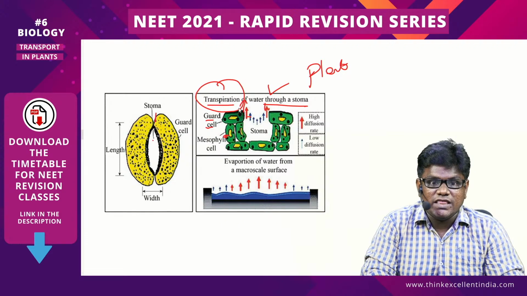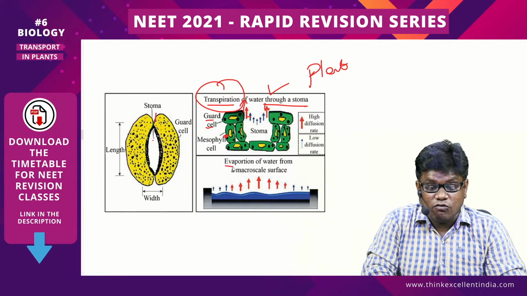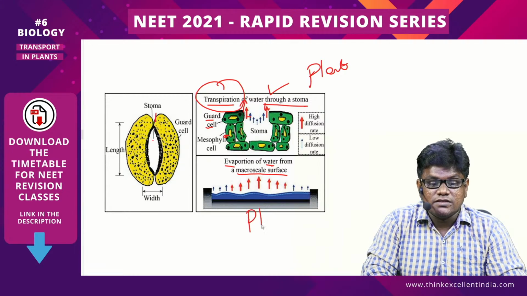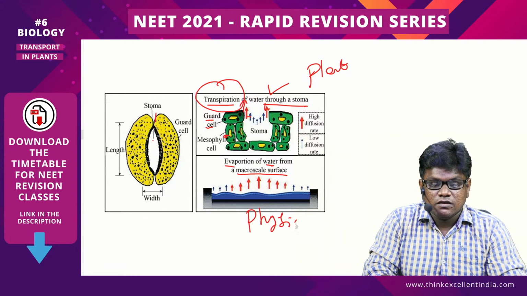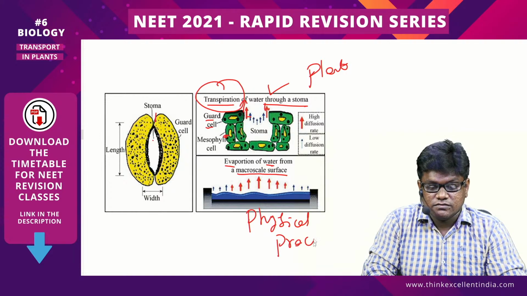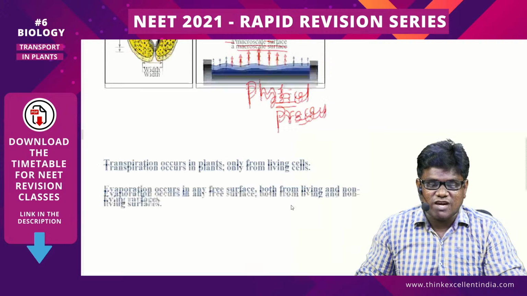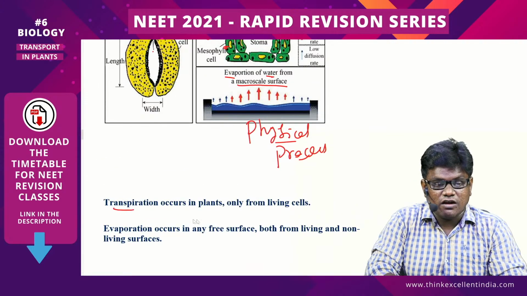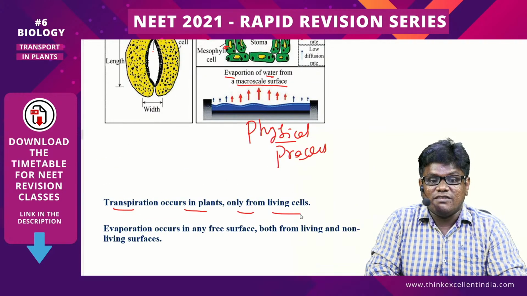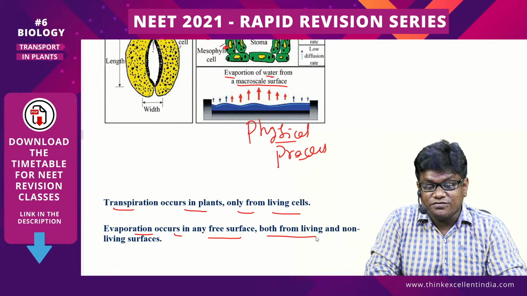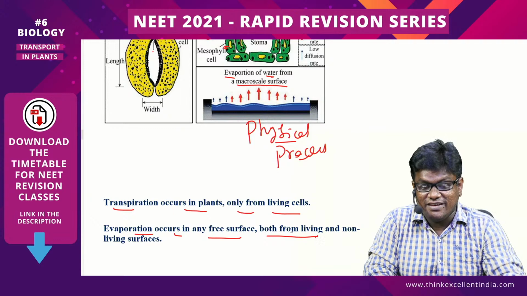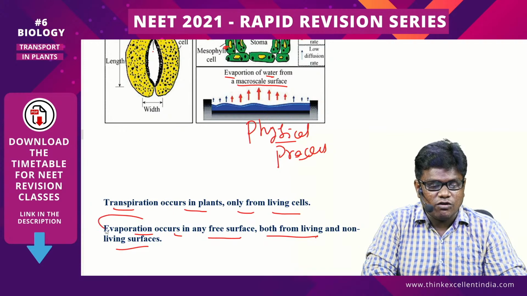Okay, in the process of transpiration, but evaporation from a water macro scale surface, this is actually called a physical process. So there is a difference between evaporation and transpiration. Transpiration occurs only in plants, only from living cells, and evaporation occurs in any free surface, both from living and non-living surface.